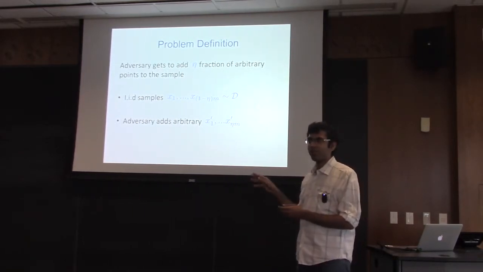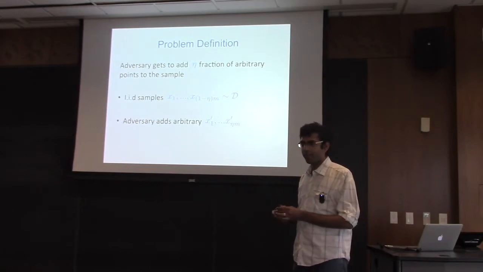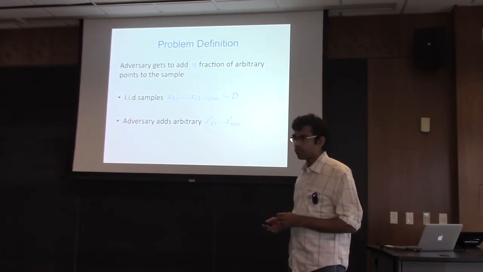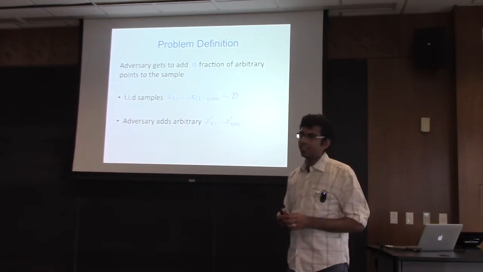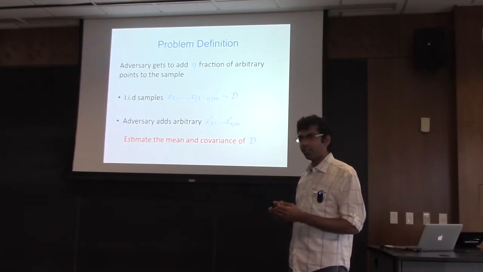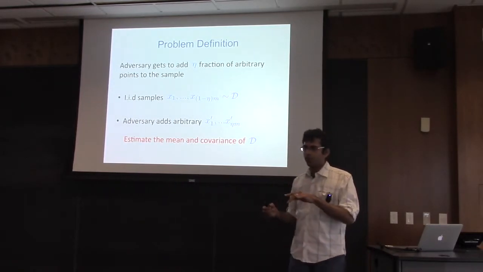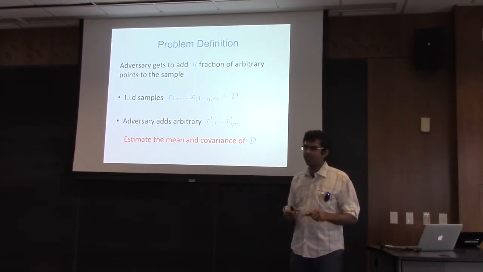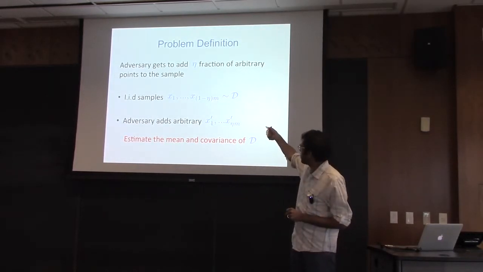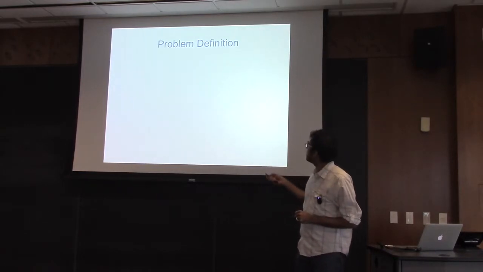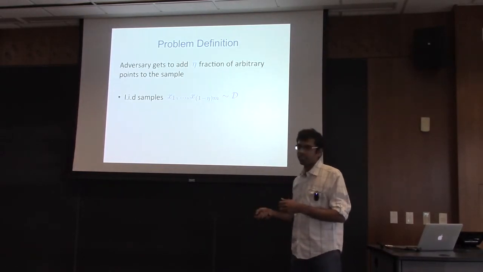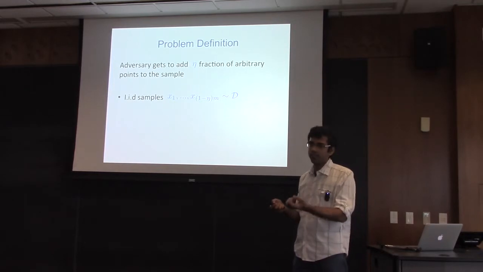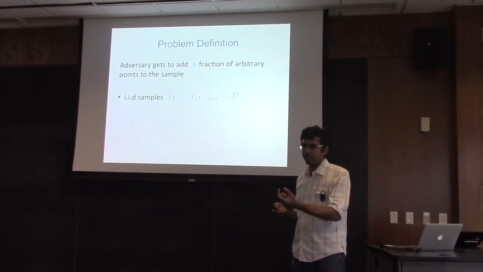If you have any questions, feel free. At this point, the combination of the two is no longer a distribution formally? Yeah, it's not. What Huber defined initially was that the adversary picks a distribution to begin with, and with 1 minus eta fraction you get points from the true distribution, but an eta fraction of the points are sampled from an adversarial distribution.